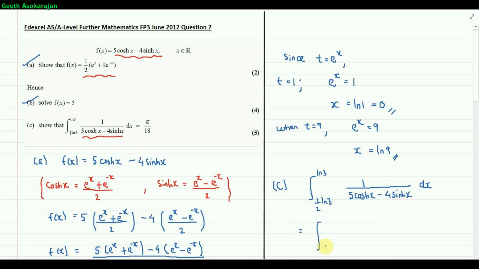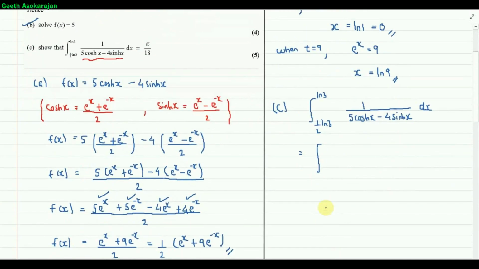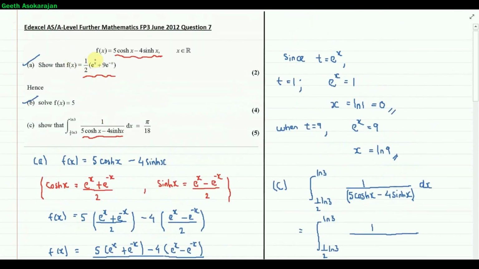So our integral, so if I scroll down a little, with limits half ln 3 for the lower limit and ln 3 for the upper limit, 1 over, and let me replace this term in the bottom by f of x in terms of exponential. So let me copy that.